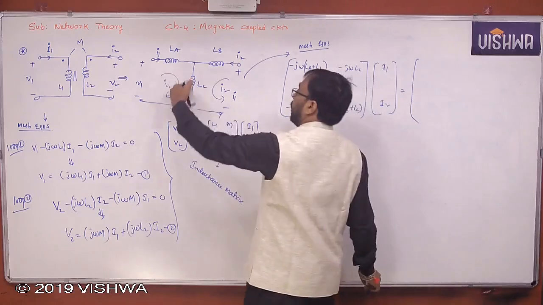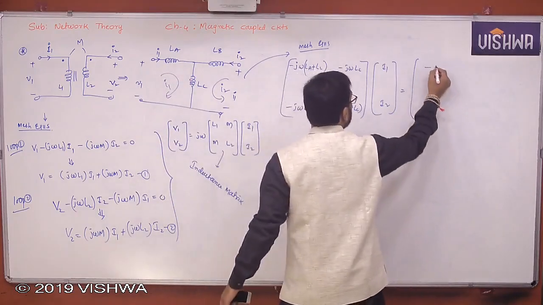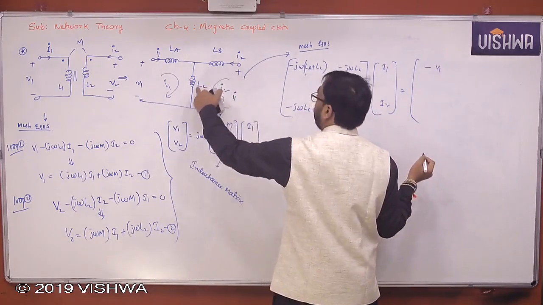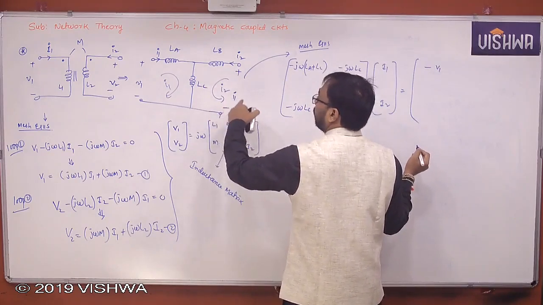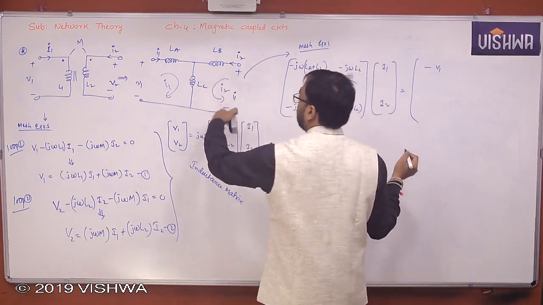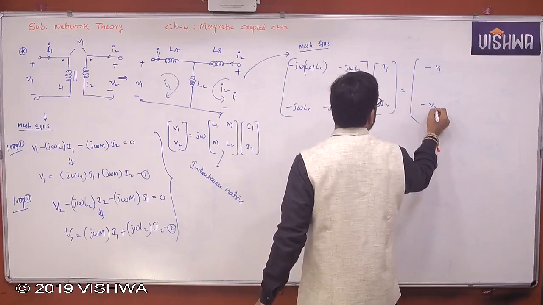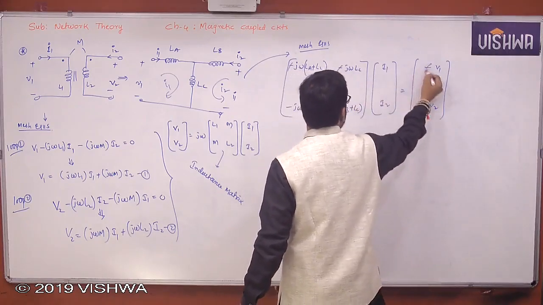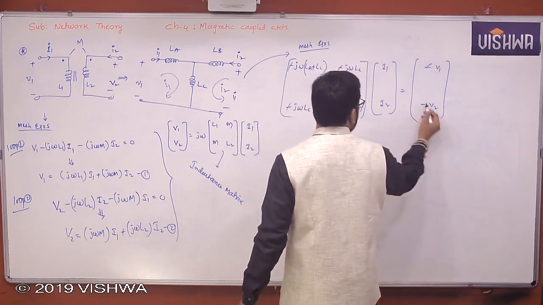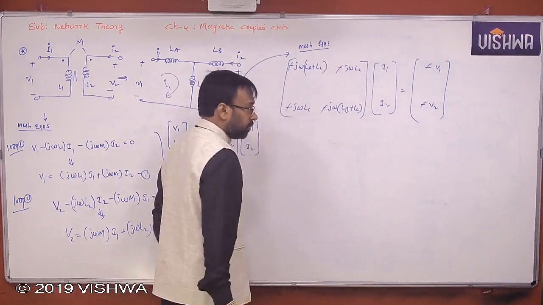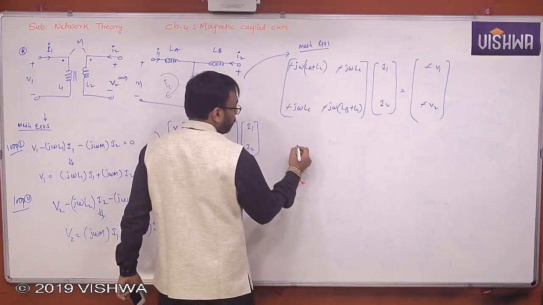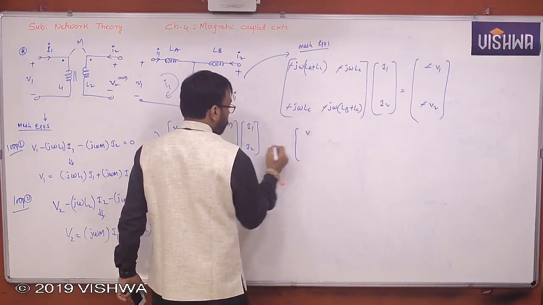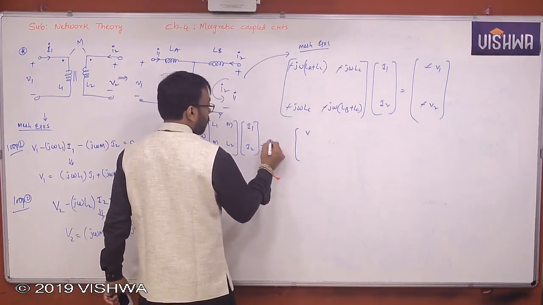And this is touching the negative polarity first, therefore minus V1. Touching negative polarity first, minus V2. So minus, if you can cancel. Finally, you also get, this is equation A, let us say.